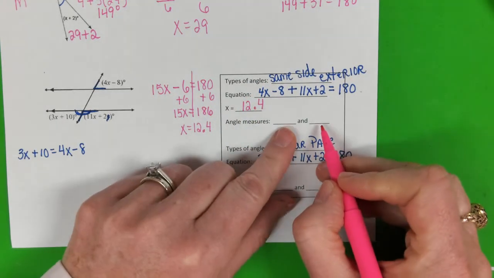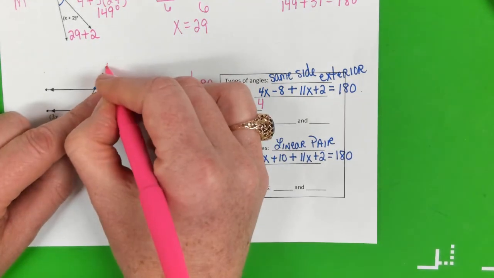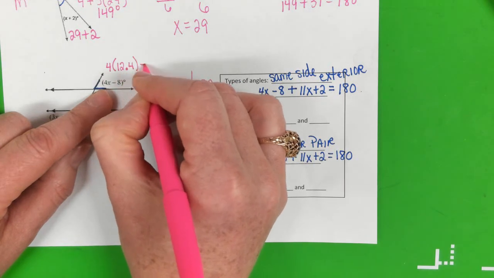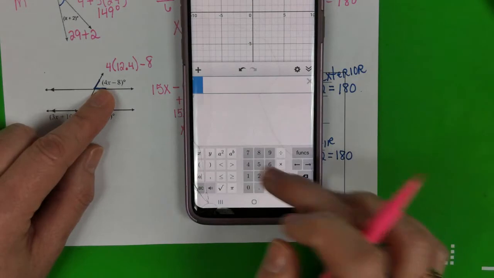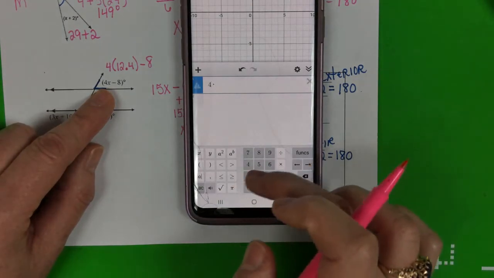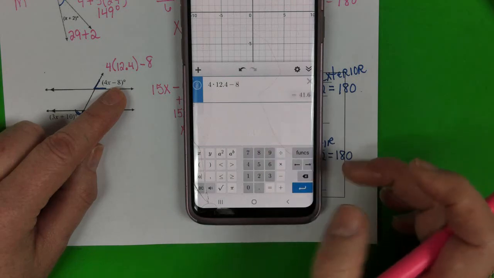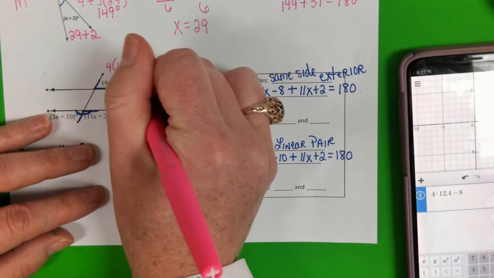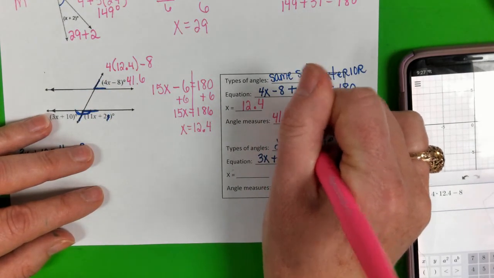Okay, now we need to find our two angle measures. Okay, so I'm going to say 4 times 12.4 minus 8. Now, I really want you to see, I'm just using decimals right now. 4 times 12.4 minus 8, 41.6. 41.6 degrees, okay?